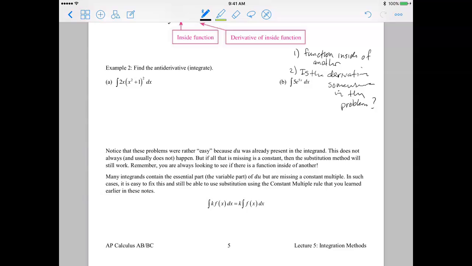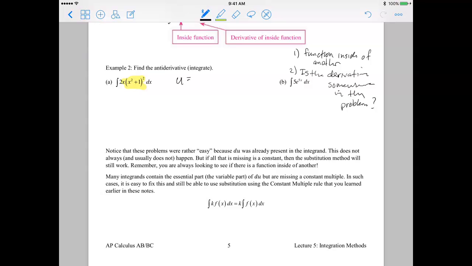Okay, so if we look at example 2a here, we have the integral of 2x times (x squared plus 1) squared dx. The reason I know that this is a u-substitution problem is because I see a function inside of another function. It's the x squared plus 1 inside of a squared.